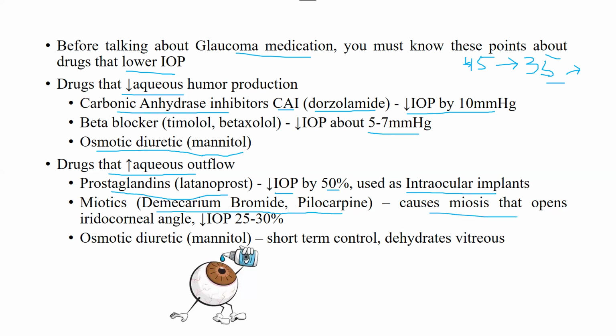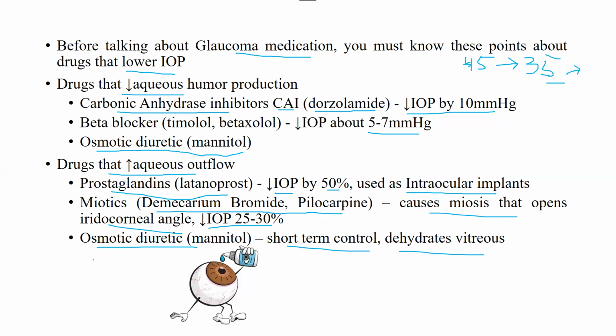They cause miosis that opens the iridocorneal angle, and the IOP decrease is 25 to 30%. So you can see it is less effective than prostaglandin, but still very effective. Then we have osmotic diuretics. They give short-term control and dehydrate, which is how they increase the outflow. So the osmotic diuretic works both ways, decreasing aqueous humor production and increasing aqueous outflow. You should remember the categories in this way first.